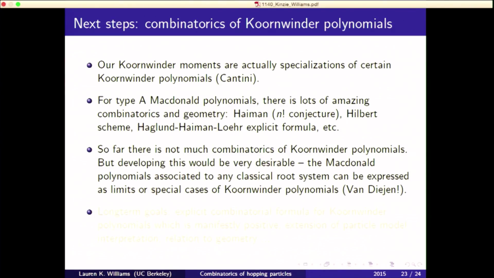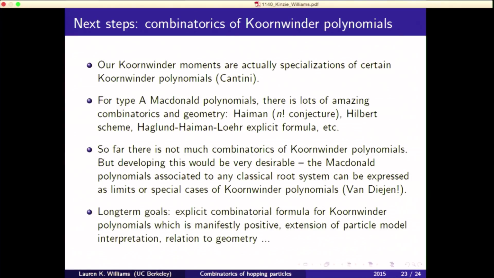But one would like to develop all of the combinatorics and geometry, because one reason is that the Macdonald polynomials of any classical root system are limits or special cases of Koornwinder polynomials. So a long-term or medium-term goal is to completely understand those polynomials from a combinatorial point of view, maybe extend the particle model interpretation and relate it to geometry.